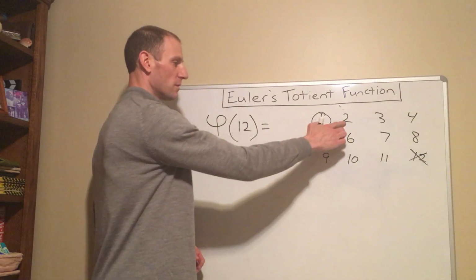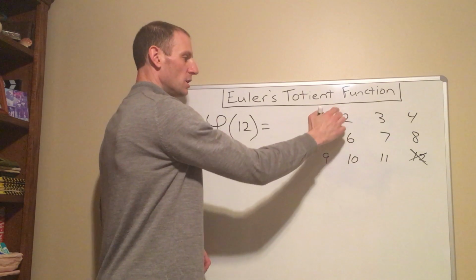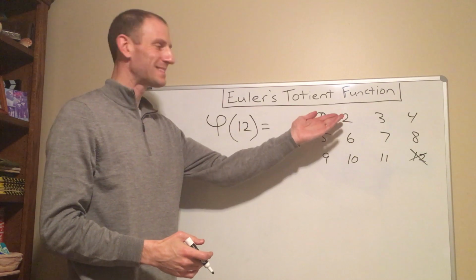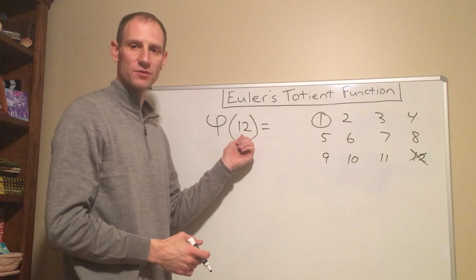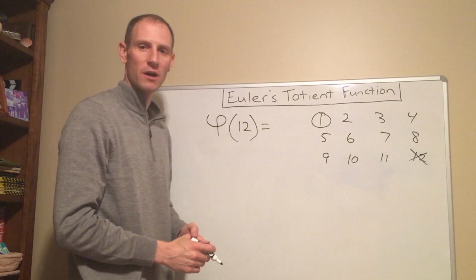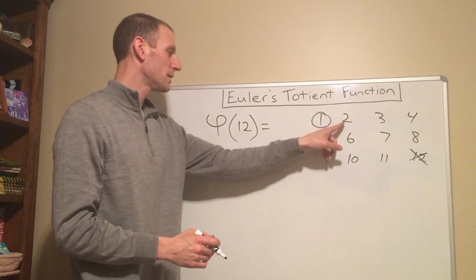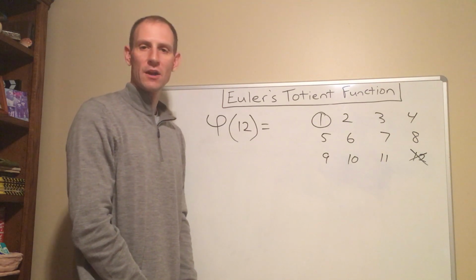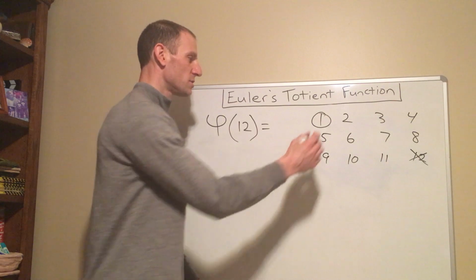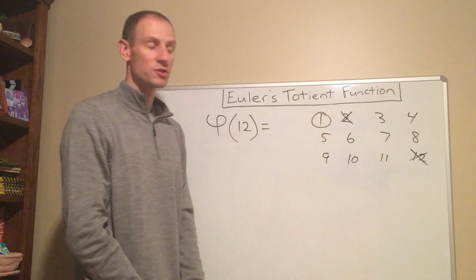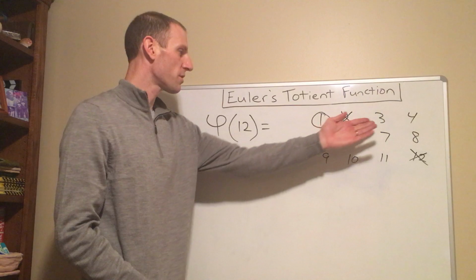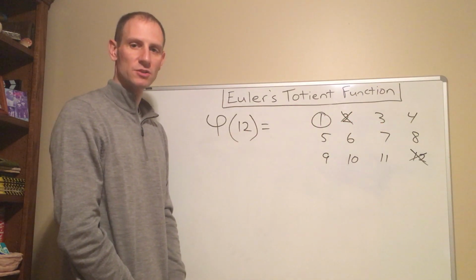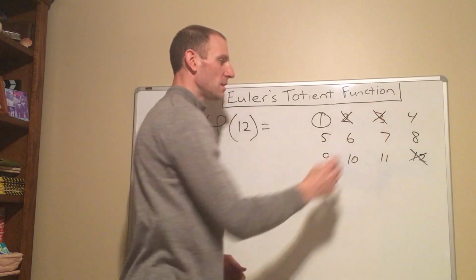So let's start with the number 2. 2 has a factor of itself, which is 2, and 2 is also a factor of 12. 2 fits into 12. So 2 and 12, since they do share a factor of 2, they are not co-prime. Since they're not co-prime, we'll cross off the number 2. The number 3 has a factor of 3, which is also a factor of 12, so they are not co-prime either.